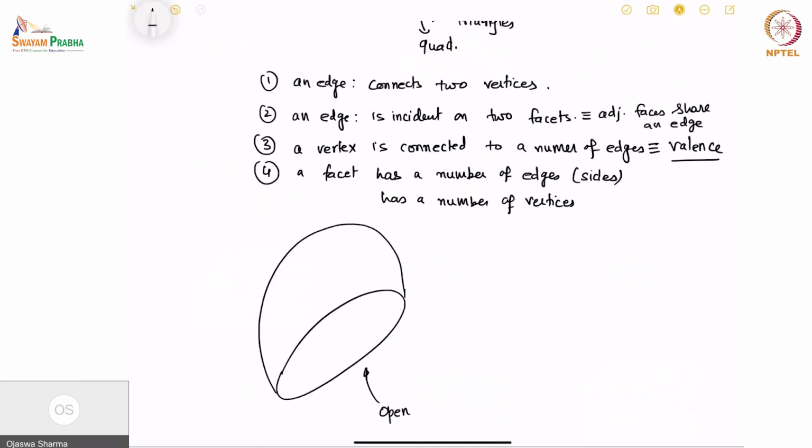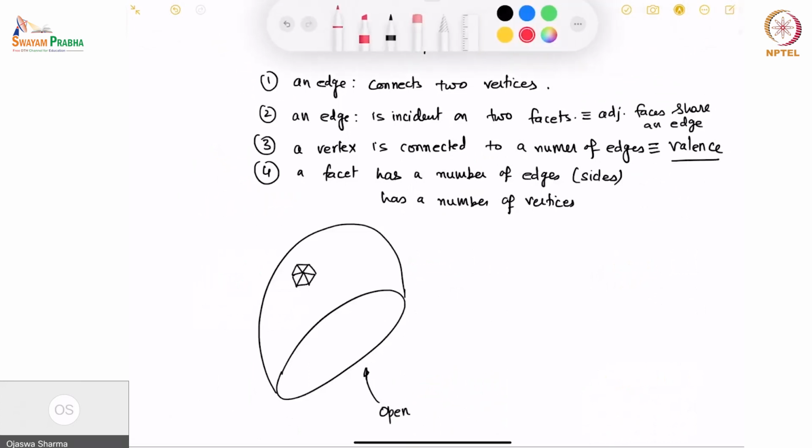This is the open part, and that's the interior. The valence is 6. Whereas if you have this, that's the boundary. Maybe I can draw the boundary in blue. That's the boundary of an open mesh.